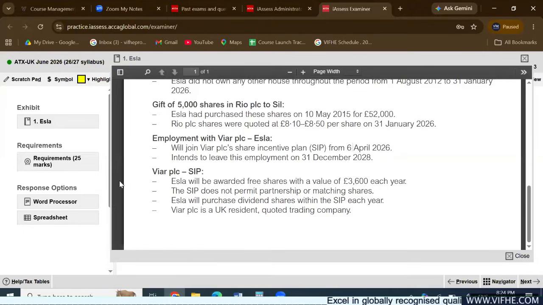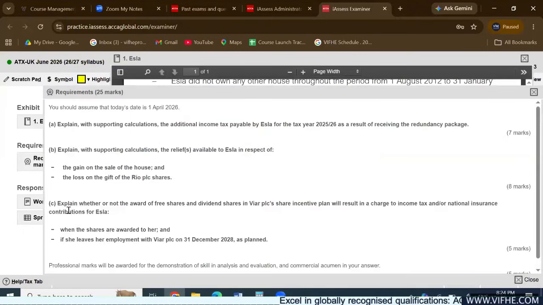Though they did ask only for the explanation to be made, and even this calculation has never been asked in the past. This is not something which we are supposed to know. We just need to know the implication, I mean, the treatment. This calculation has never been tested and is not going to be tested, as it would be a very in-depth calculation of income taxes and NIC.